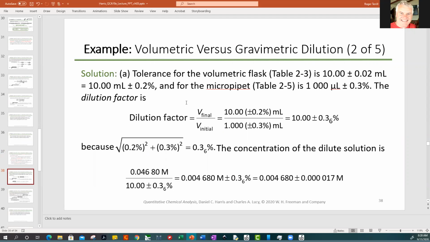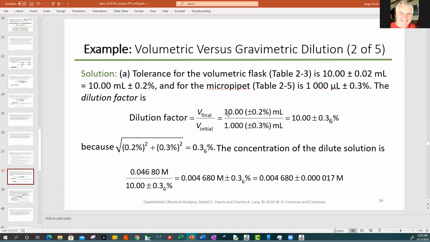What Harris does here is he takes the ratio of the volumes to compute a dilution factor, V final over V initial. And this is C1 V1 equals C2 V2, so that's where this comes from.